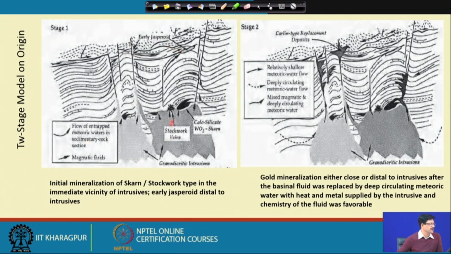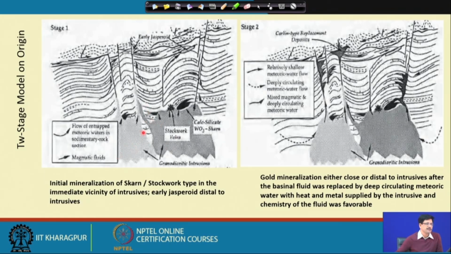There was intrusion of the felsic magmatic body, granodioritic intrusion in the form of stalks, and in the immediate vicinity of these stalks there were stockwork type veinings and formation of calc-silicate type skarn. These intrusives also contributed the magmatic fluid at the initial stages.